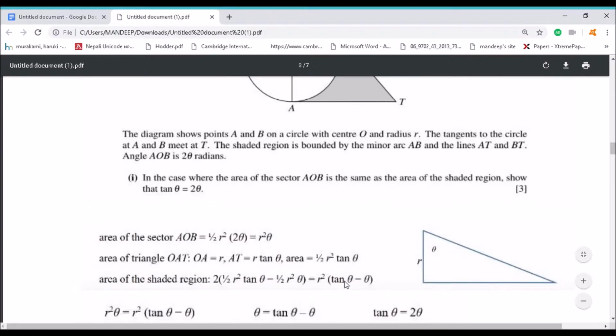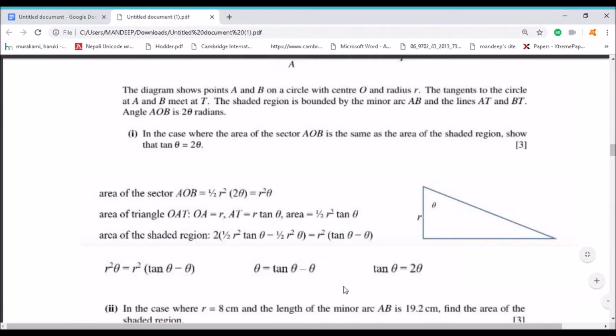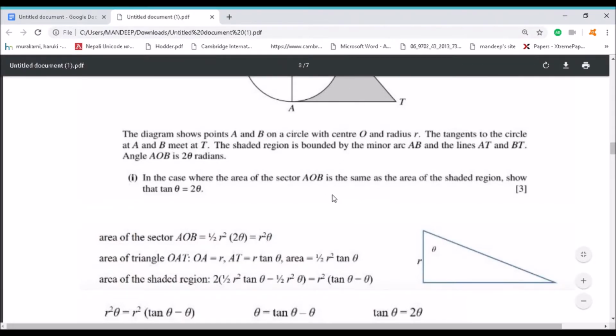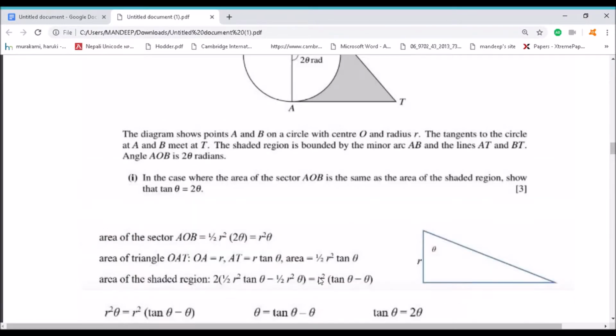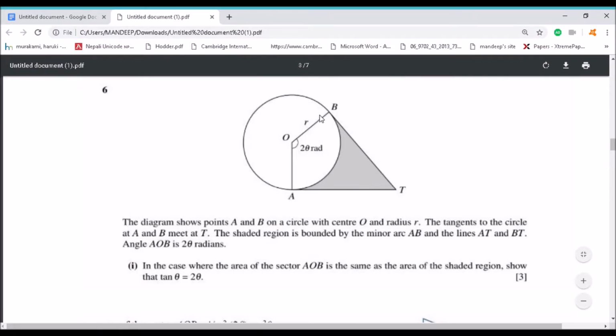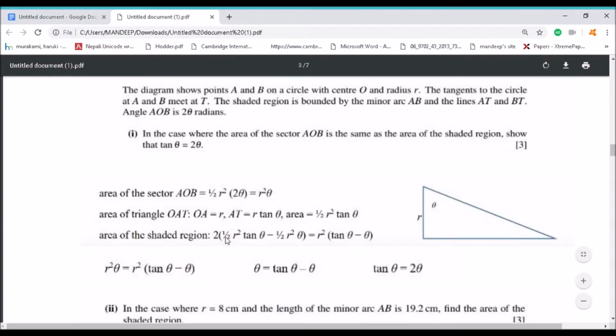I think it has been pretty fast for you, but the area of this shaded region is this whole triangle minus this part. So it's going to be 1 over 2 R squared tan theta minus 1 over 2 R squared theta. So R squared tan theta minus theta, we get this.